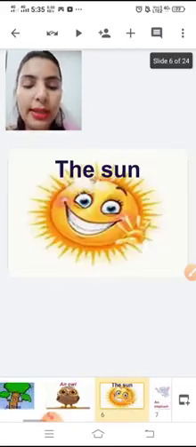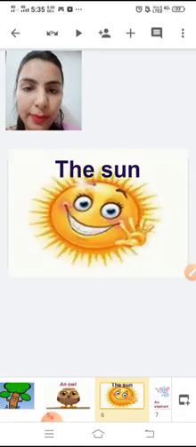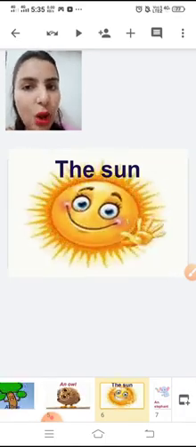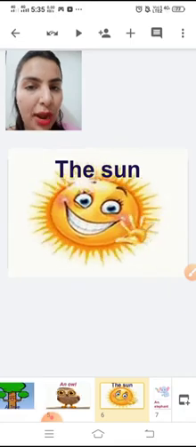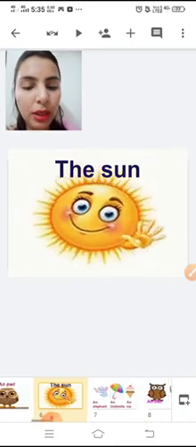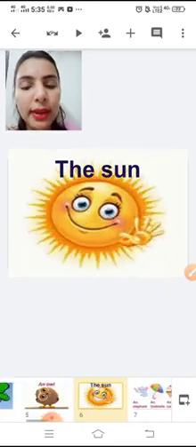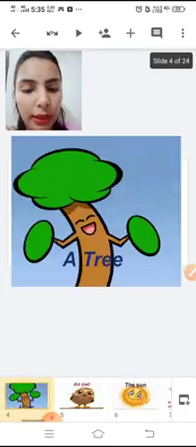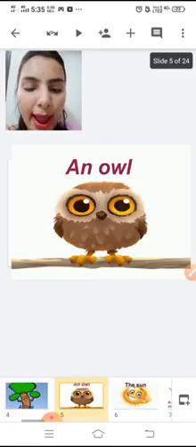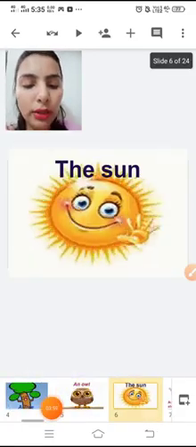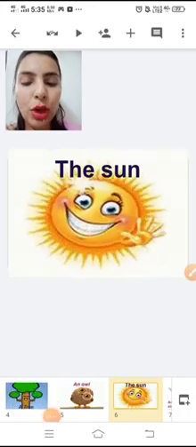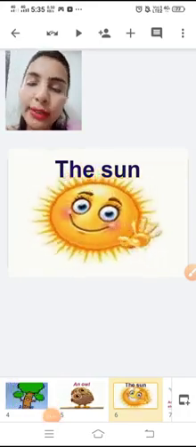Next is the sun. The sun. We use the before sun to define it specifically. Okay. So these are the 3 examples of a, an, or the.